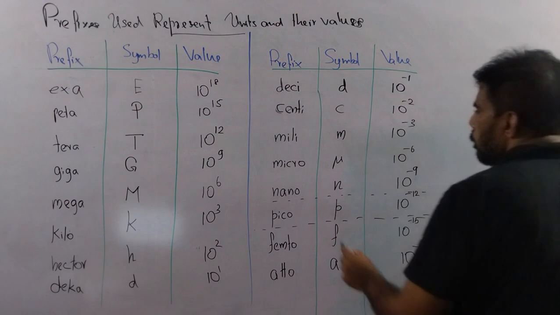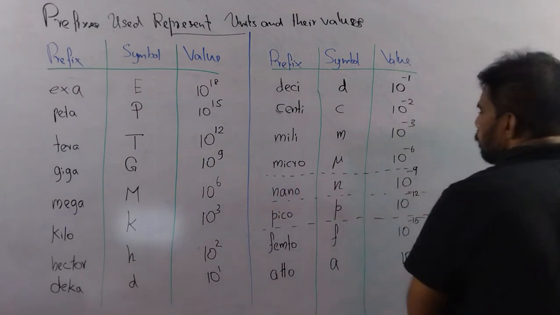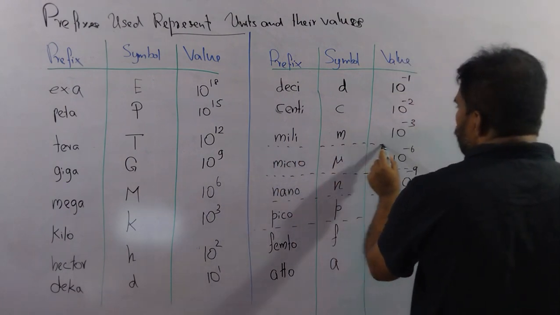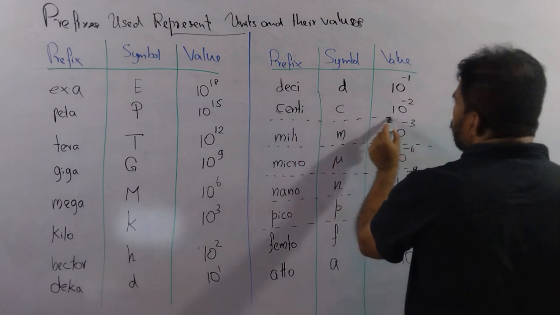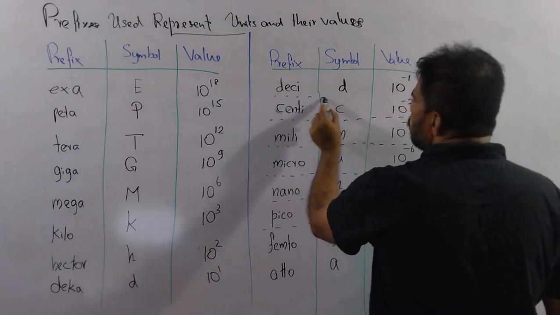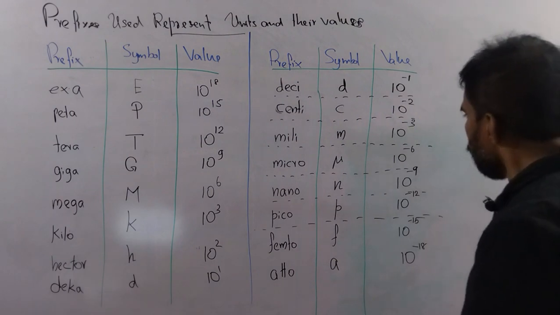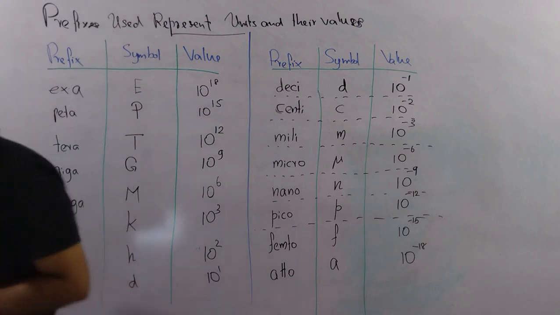Nanotechnology relates to the size. Later on, maybe in advanced electronics or advanced physics, you will learn about nanotechnology. If you are interested in learning that, you can read on that. Hope it's clear.